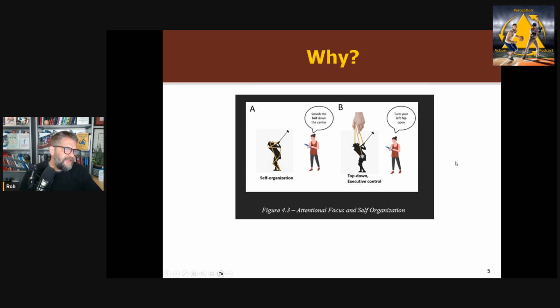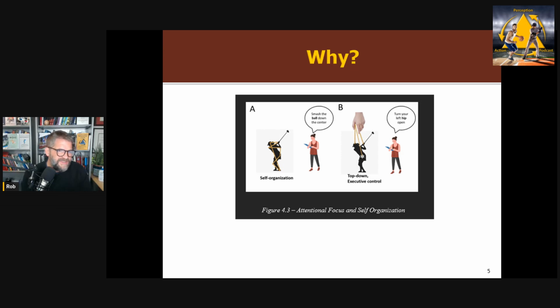Okay. In ecological dynamics, we think more of it in terms of self-organization, right? Focusing externally allows for better self-organization, both because you're focusing on your goal, the outcome, rather than the details of the mechanics, right? Which we want to let be free to vary when you do an external focus, and we're less likely to disrupt self-organization.